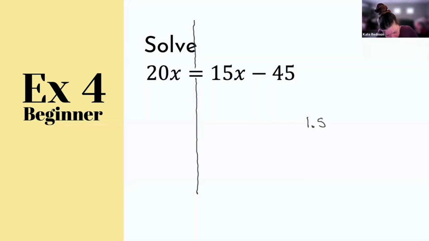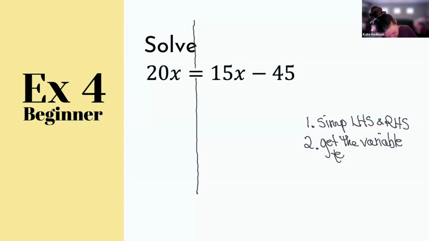Yes, the first wisdom principle is simplify the left-hand side and the right-hand side. But remember, I said, if possible. Unfortunately, it's not always possible. I can't start solving yet either because I have a problem. There's an X on the left and there's an X on the right. The second wisdom principle is get the variable terms to the same side.